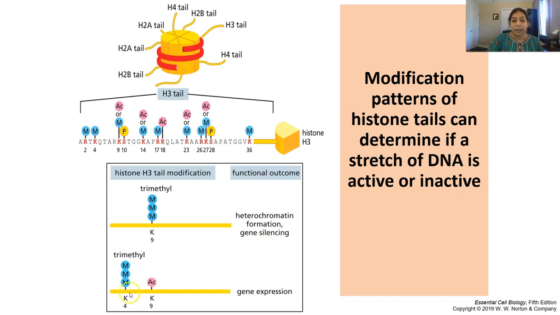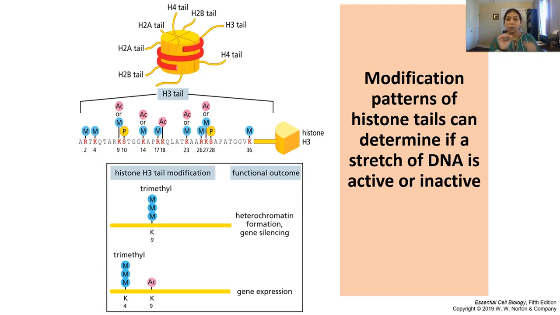Now, on the other hand, in the same area, if you had the lysine at position 4 trimethylated, but the lysine at position 9 acetylated, it's going to allow for a more open conformation and allow for gene expression to happen on the DNA that's wrapped around it.